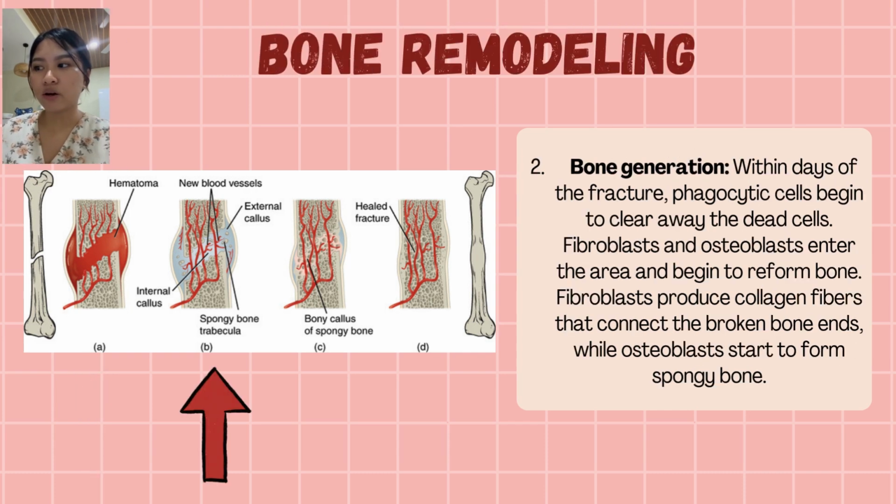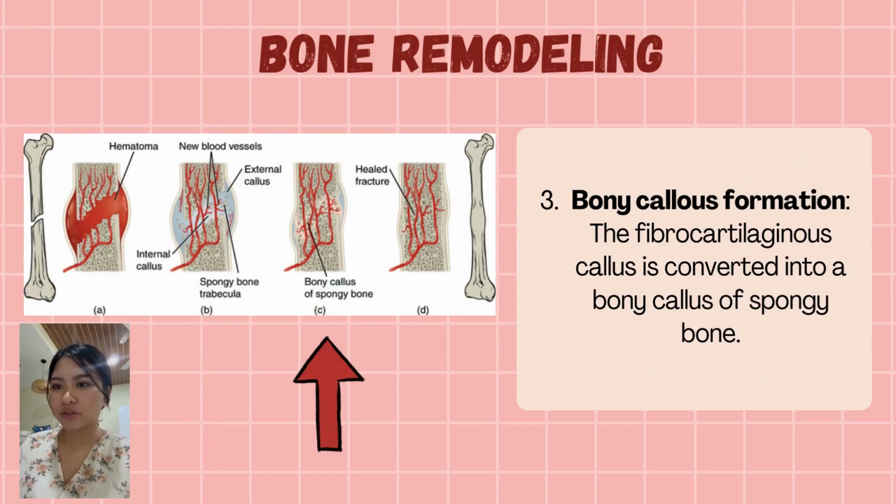This is followed by bone generation, where the fibroblasts and osteoblasts begin producing collagen, and spongy bone is formed. Then comes bony callus formation, where the soft callus is replaced by a hard bony callus.